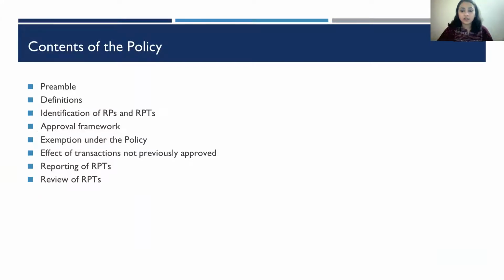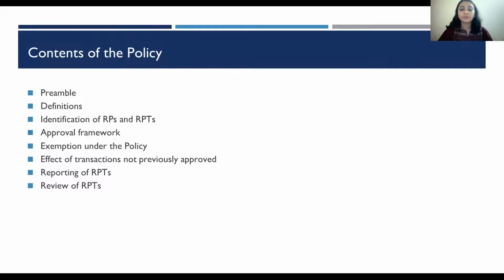I'll just share the definition of material modification that has come by way of this amendment under LODR. Material modification has been defined to be a certain limit which is at the discretion of the audit committee to decide. And in case of material modifications, prior approval of the audit committee will be required.